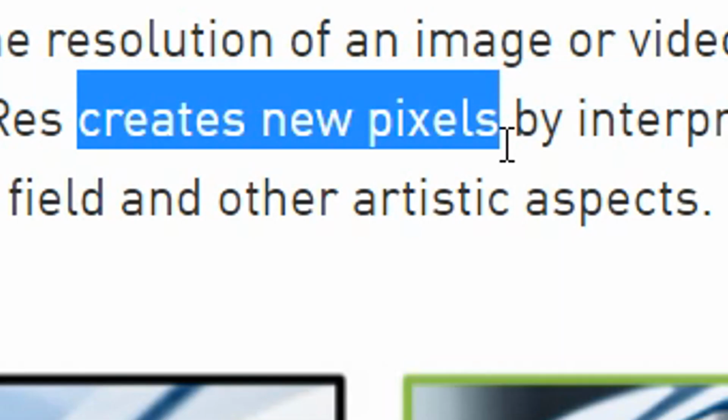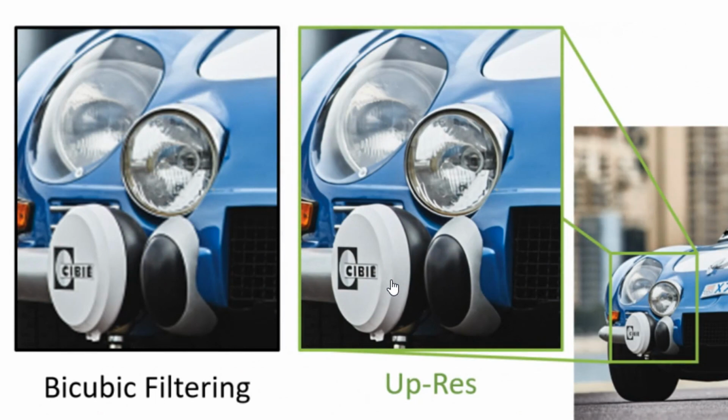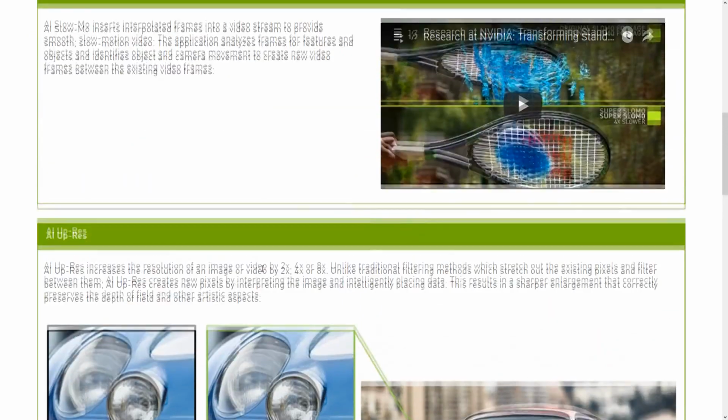Creates new pixels. So this thing can actually create information. This results in a sharper enlargement that correctly preserves the depth of field and other artistic aspects. The AI image is sharper, the details are better, it does improve the overall rendering.